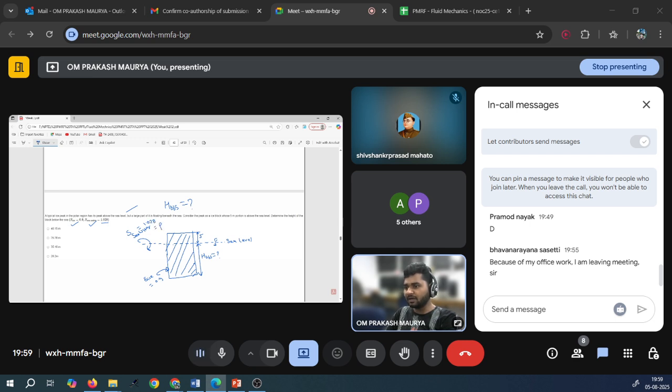So from here you can calculate rho, the density of sea water, 1028 kg per meter cube, and from here you can calculate rho of ice, 900 kg per meter cube. Okay, so now you need to calculate this one.